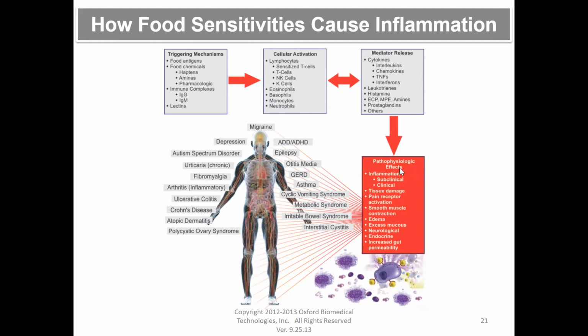And the pathophysiologic effects in the body: inflammation, tissue damage, pain receptor activation, smooth muscle contraction, edema, excess mucus, neurological issues, and increased gut permeability. So again, just another way to look at how this whole cascade relates to all of these main inflammatory diseases.